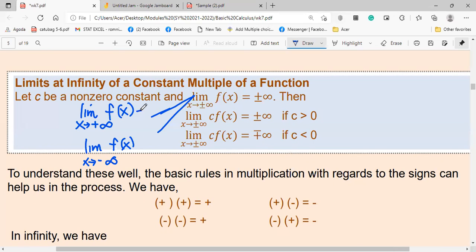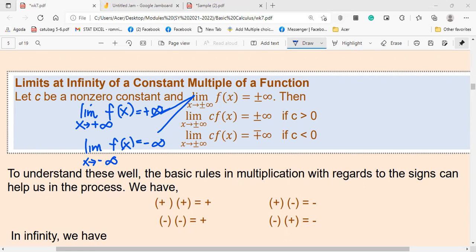Tapos ang nangyari daw, pag nag-i-increase ang x, nag-i-increase din ang y. Tapos yung isa naman, nagdi-decrease din ang y. So pareho sila ng ginagawa. Kung yan daw ang kondisyon at meron kang constant at imumultiply mo yung constant doon, ang nangyayari daw ay may epekto ang constant sa magiging final answer mo.